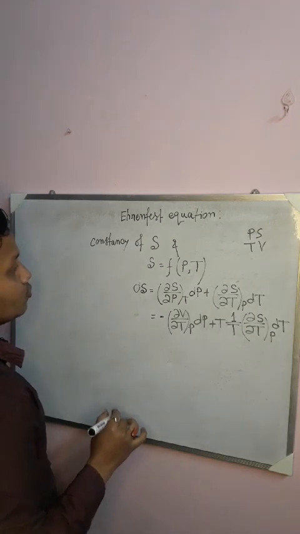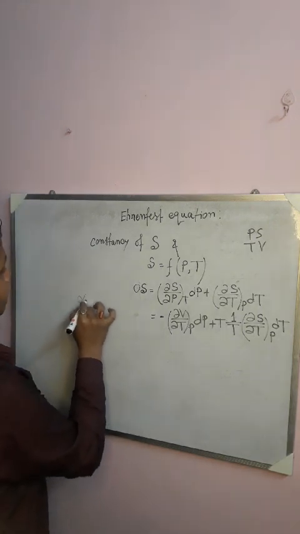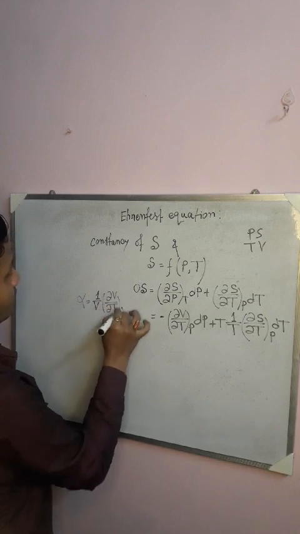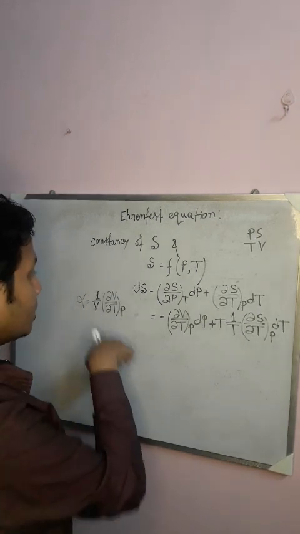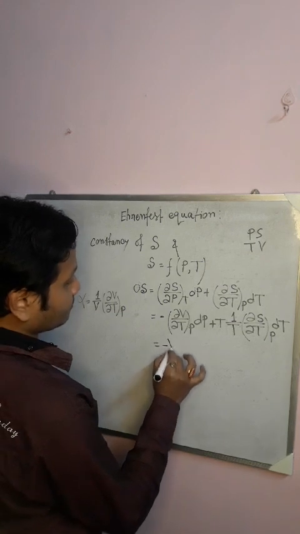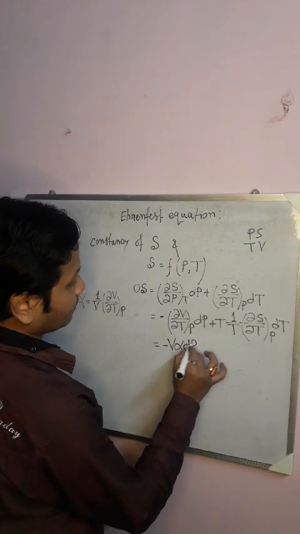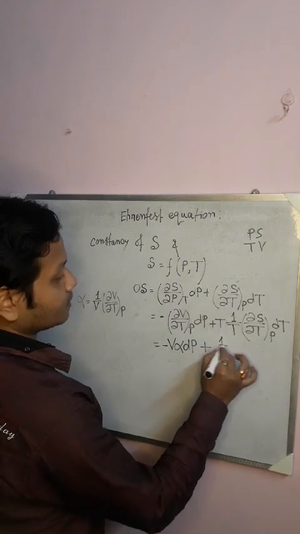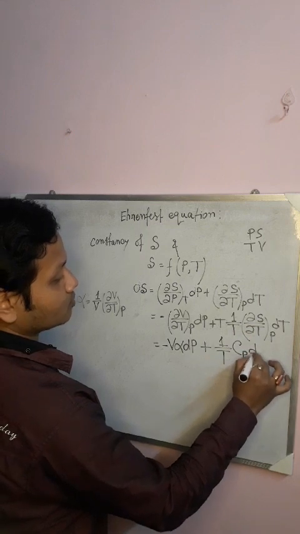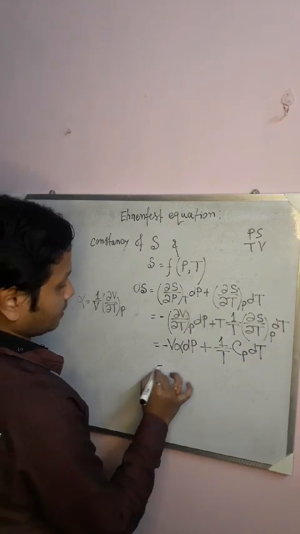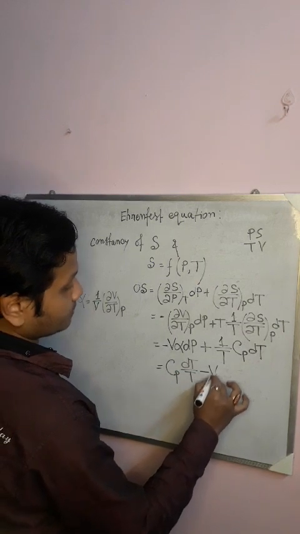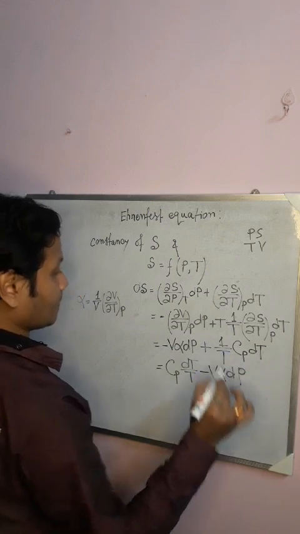Now the volume expansion coefficient can be written as the increase in volume per unit rise in temperature, from which (del V del T) at constant pressure can be written as V alpha. So minus V alpha dP plus this is simply T (del S del T) at constant pressure, that means Cp. So we can write Cp dT upon T minus V alpha dP.